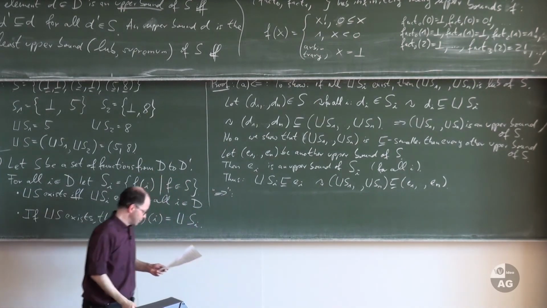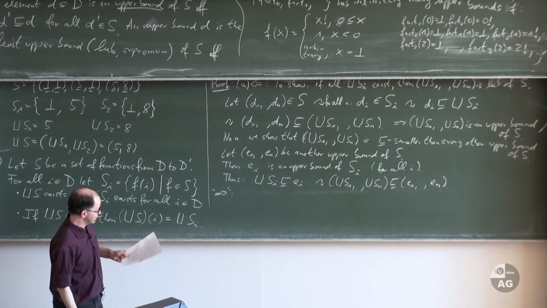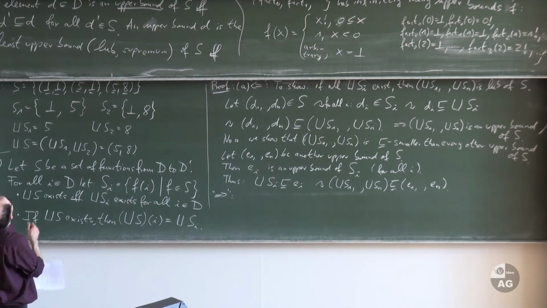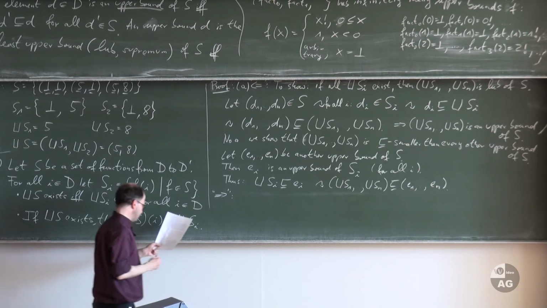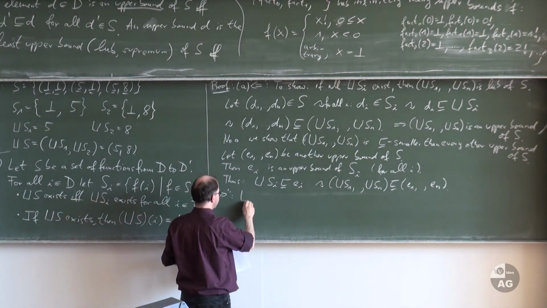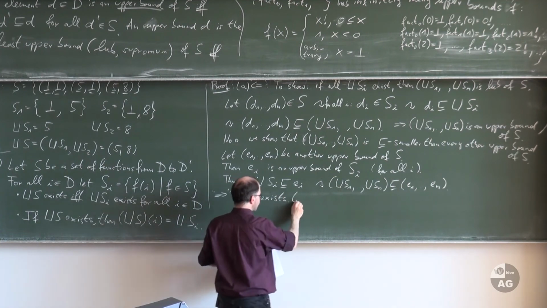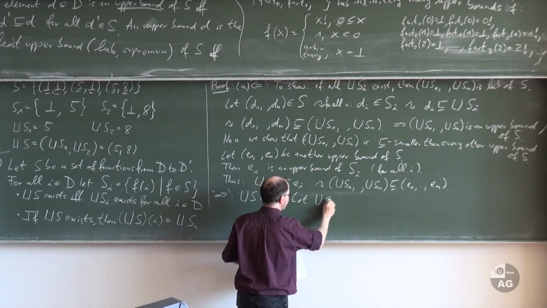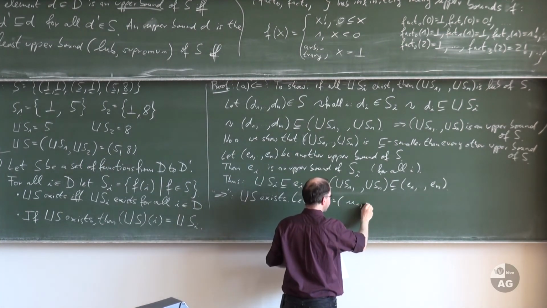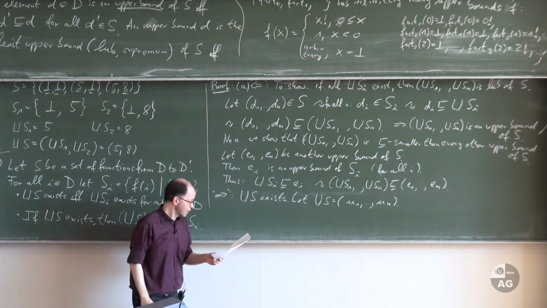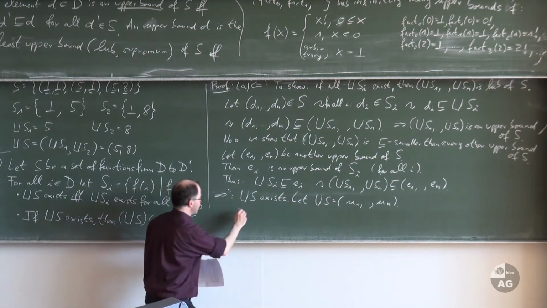Now we still have to show the direction from left to right. So from left to right, we assume that the least upper bound of S exists. It has the form, well, it's some tuple U1 to UN. And what do we have to show?